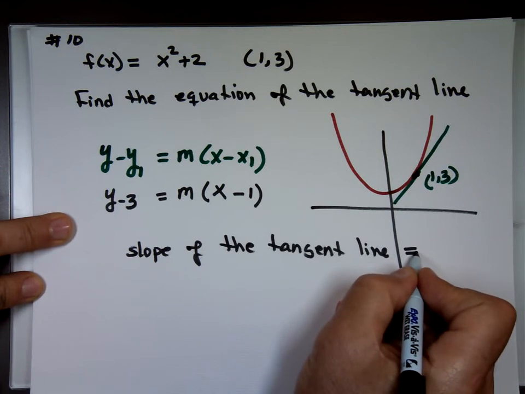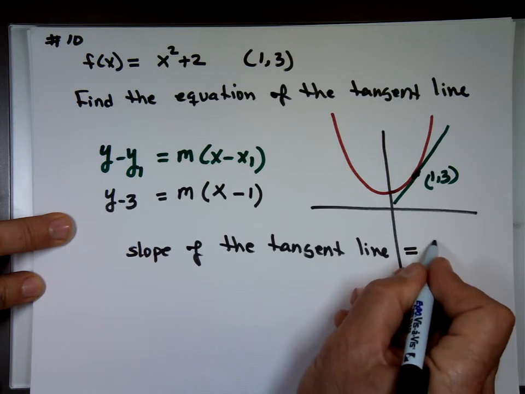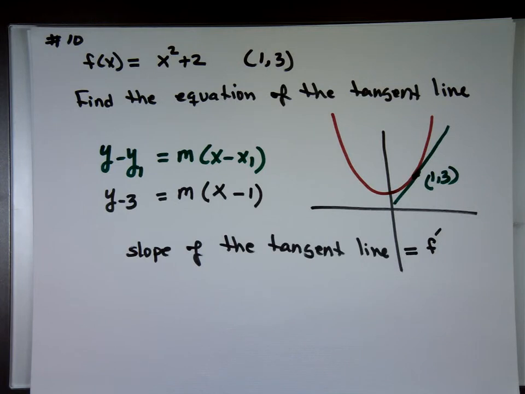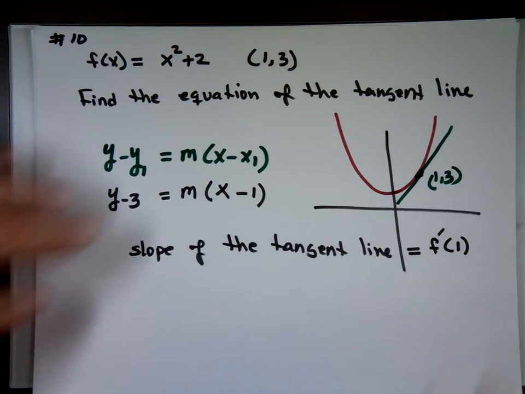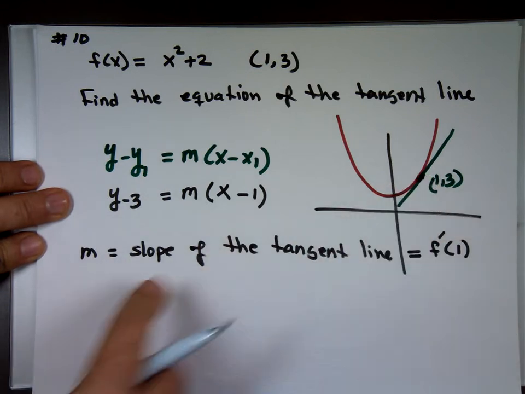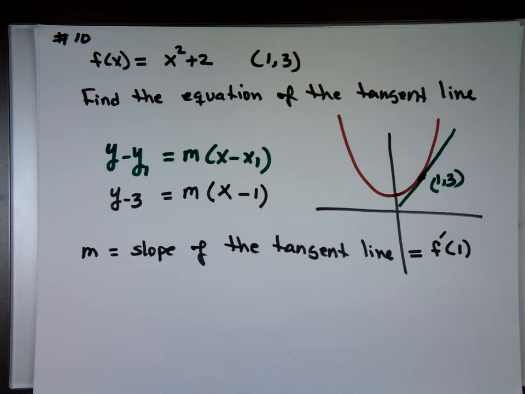What do you think the slope of the tangent line is called? The derivative. Isn't the derivative the slope of the tangent line? So if you want the slope at 1, you want to find the derivative at 1. That's what m is, because you want the slope at that point, so you need the derivative at that point, because the derivative is the slope of the tangent line. That's the definition of derivative.